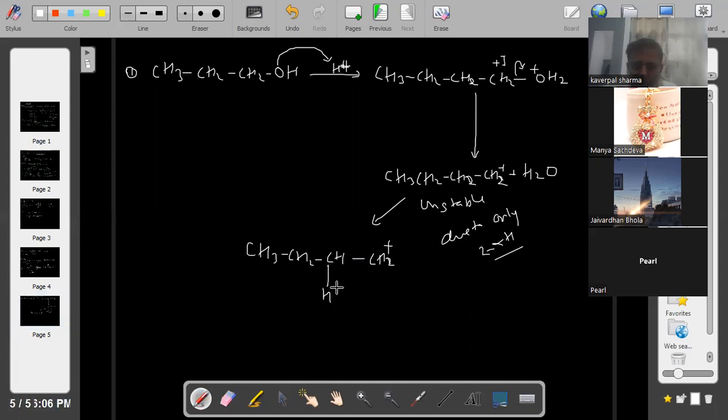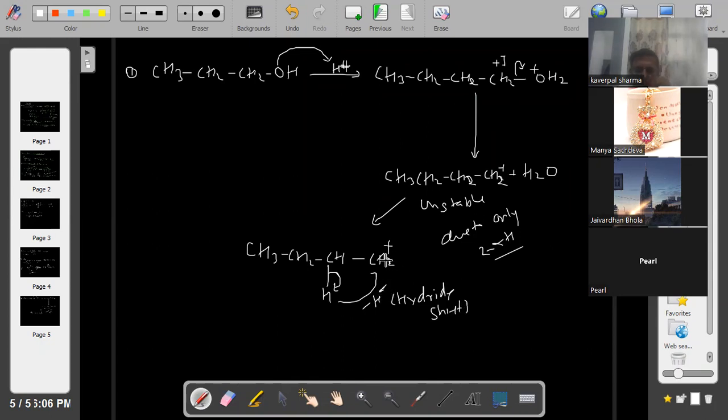We can write it this way. This will take electrons from the positive charge and the H will go to the next carbon. That is H negative, and H negative is hydride. That is called hydride shift.